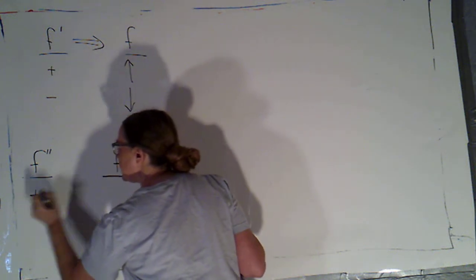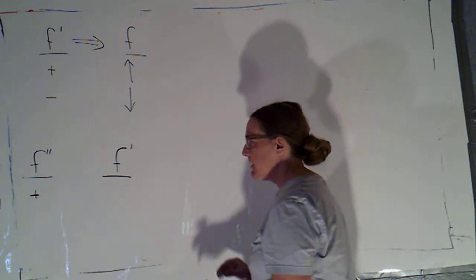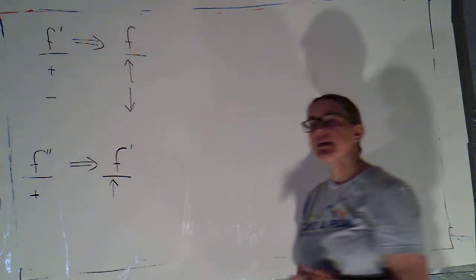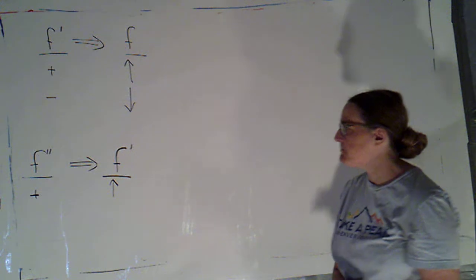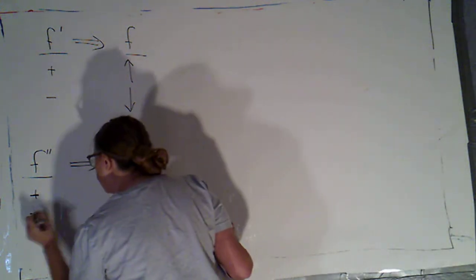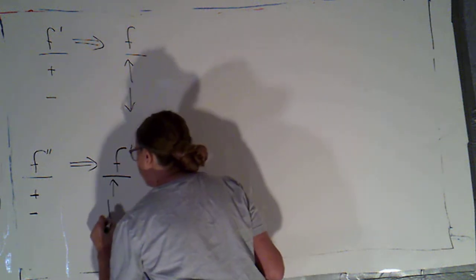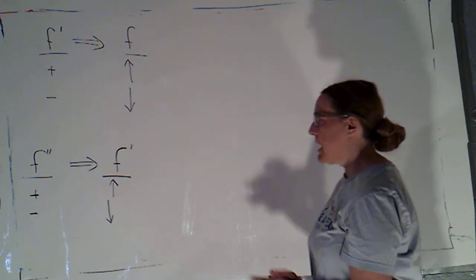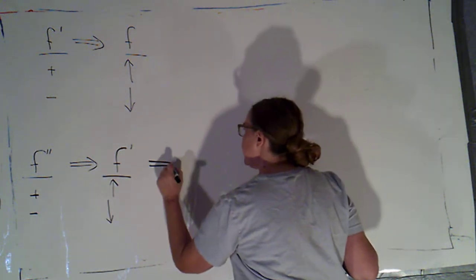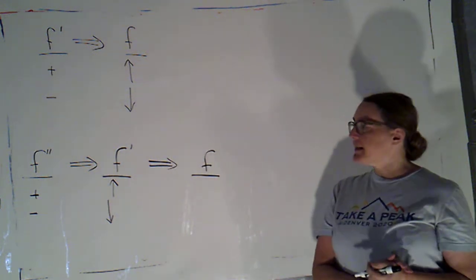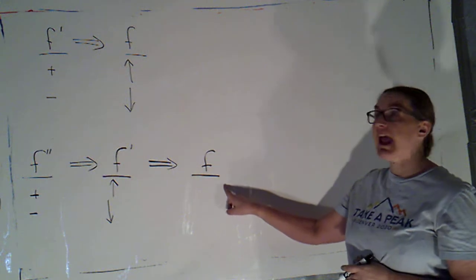If f double prime is positive, that forces f prime to be increasing. And if f double prime is negative, then the derivative of f prime is negative, and so f prime is decreasing. But what I'd like to do is translate that even further to see what it tells me about the graph of f.